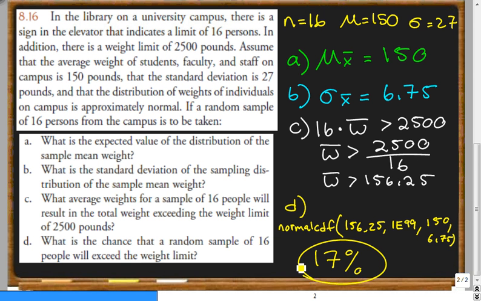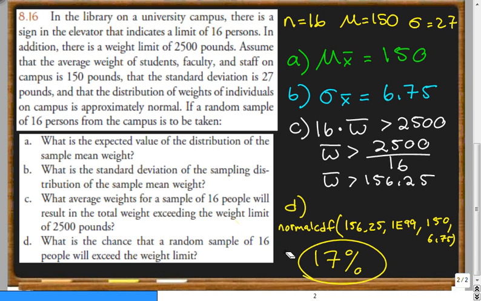Now, you may say, oh, that seems pretty high. Well, that's if the elevator is completely maxed out with 16 people. If there are 16 people in an elevator, based off of this normal distribution, if it's all random, then there's a 17% chance that it exceeds the weight limit for the elevator. I don't know if that's a normal kind of mathematical thing for elevators, but oh well.